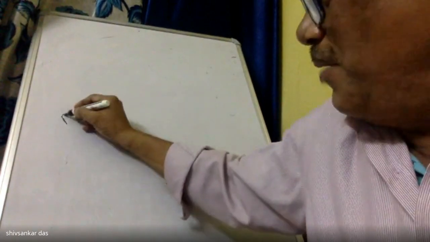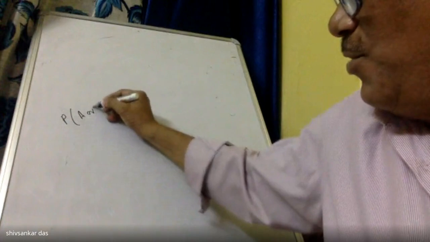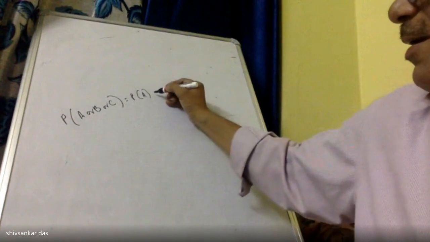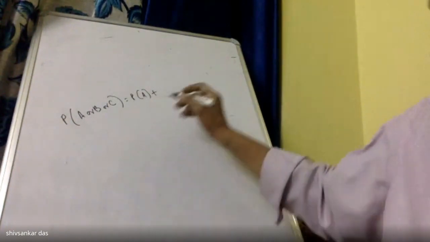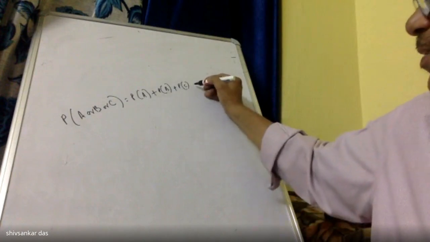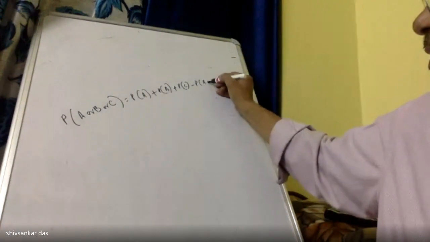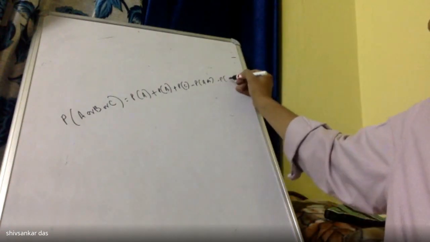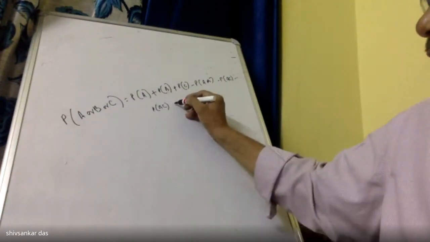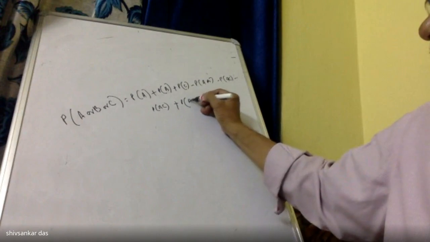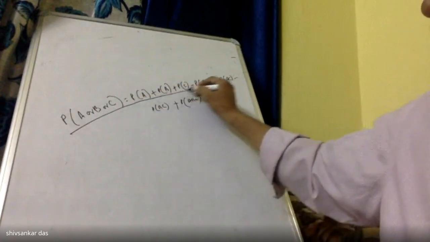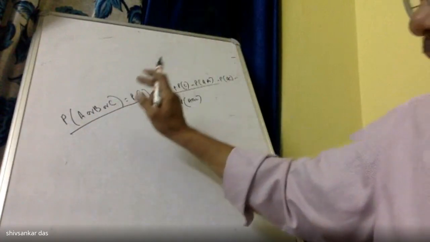Now, probability of A or B or C, not mutually exclusive, is equal to probability of A plus probability of B plus probability of C, minus probability of AB, minus probability of AC, minus probability of BC, plus probability of ABC. This is when A, B, C are three events.